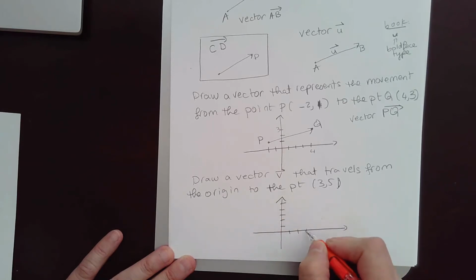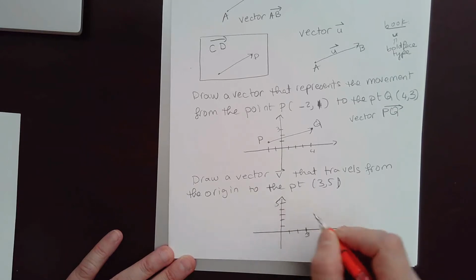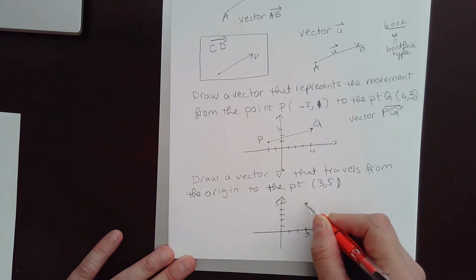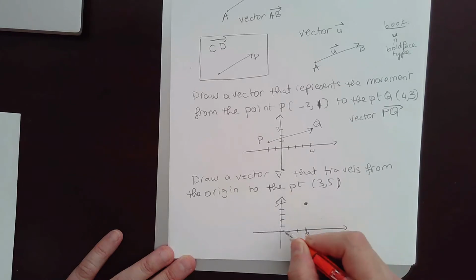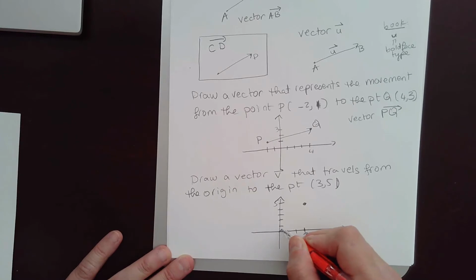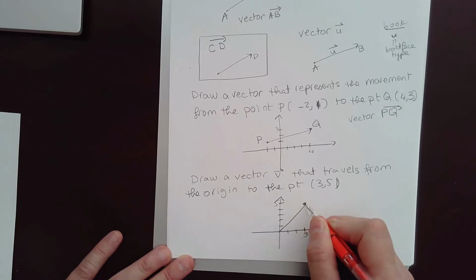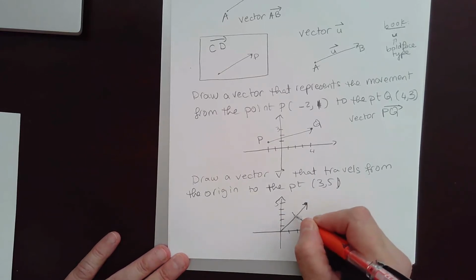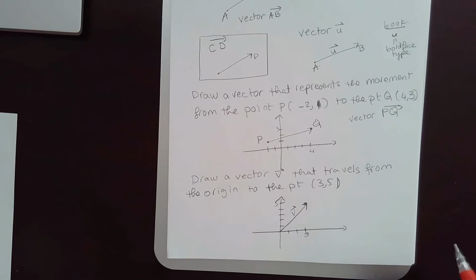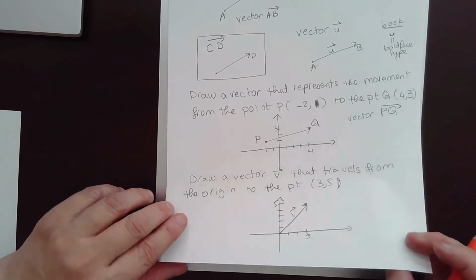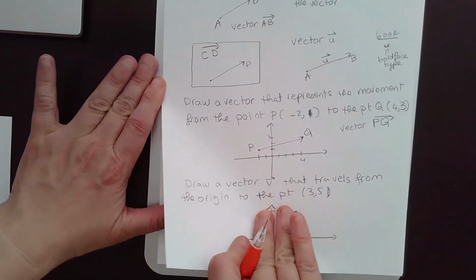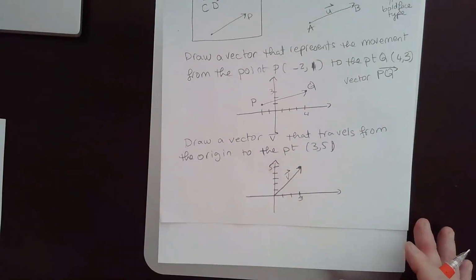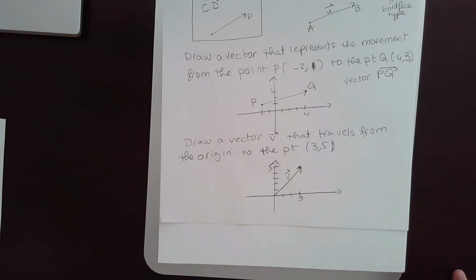Here's the point 3, 5. So this is 3, 5. And here's the origin, going from the origin to the point 3, 5. So you draw the arrow from the origin to the point 3, 5, and this is your vector V. Okay?